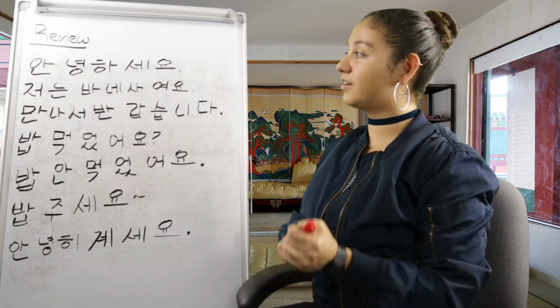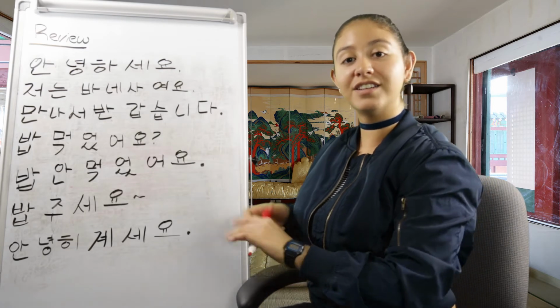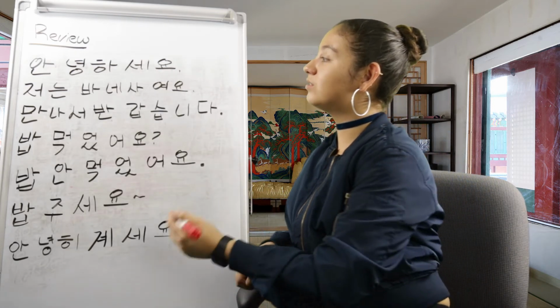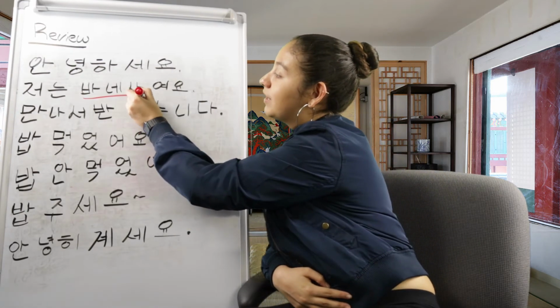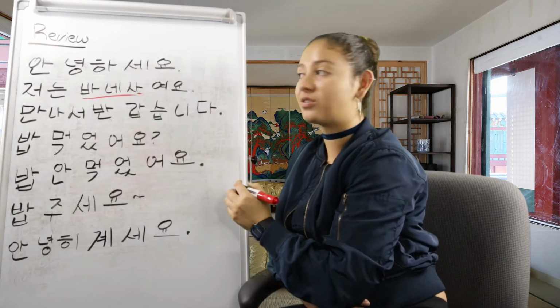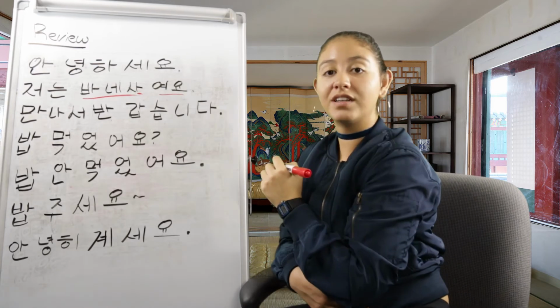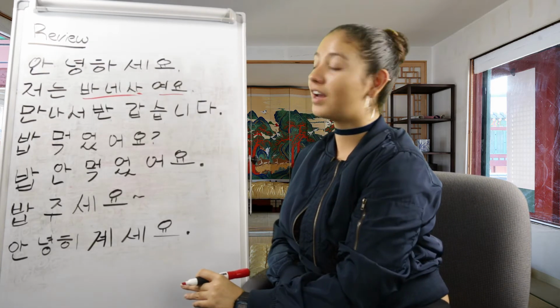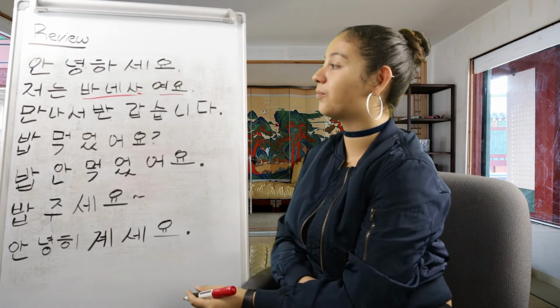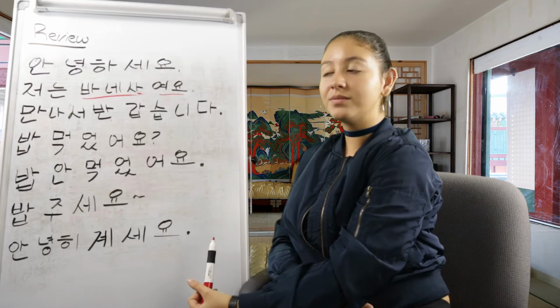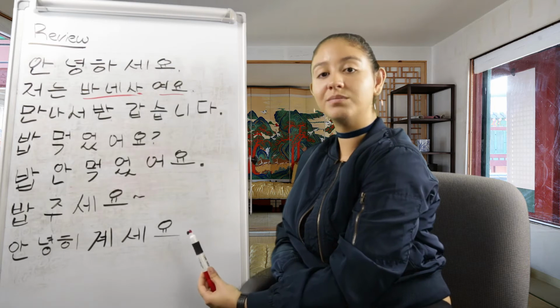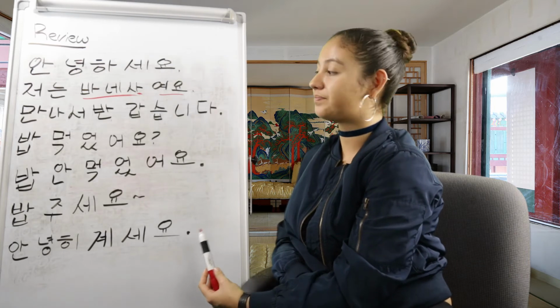But since I am being formal, I'm going to say 안녕하세요, hello. 저는 바네사예요. As you notice right here, my name ends in a vowel, so I will put 예요 instead of 이예요. So 안녕하세요, 저는 바네사예요. 만나서 반갑습니다, meaning it's nice to meet you. It's a pleasure to meet you.